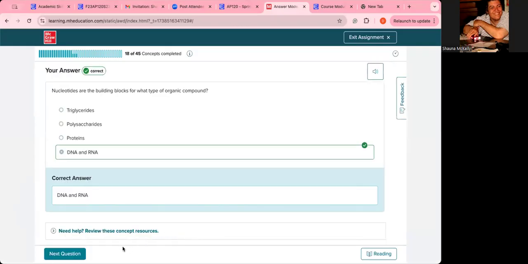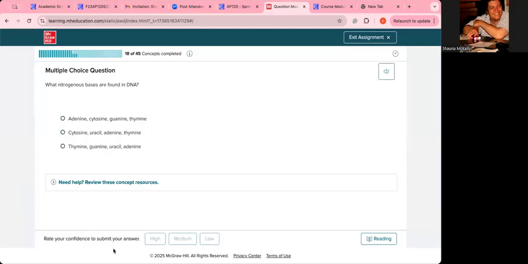Yeah, that's what we're reading here. Okay, now, this is something that we kind of read, but not really. What nitrogenous bases are found in DNA?